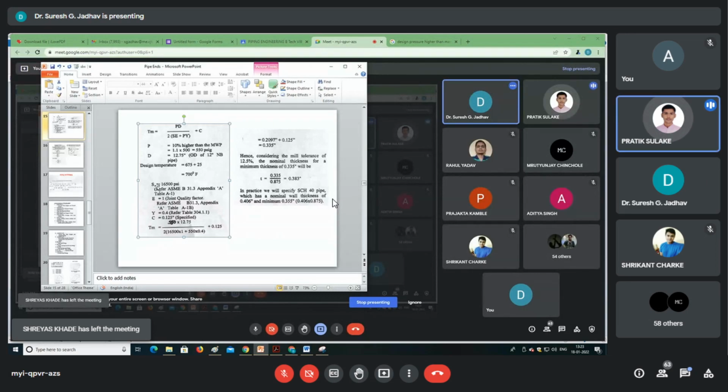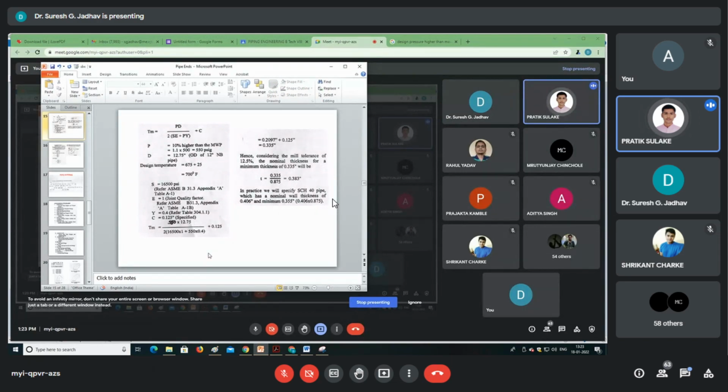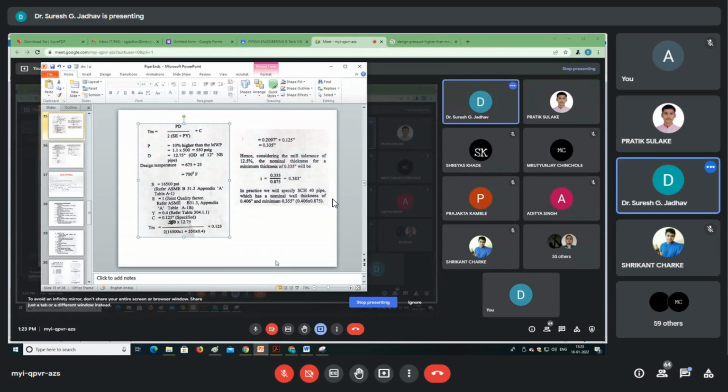But at 700 degrees Fahrenheit, the S was different in the appendix. See, in this table there is a variation in allowable stress depending on the design pressure. Earlier, we had to define the allowable piping design pressure.